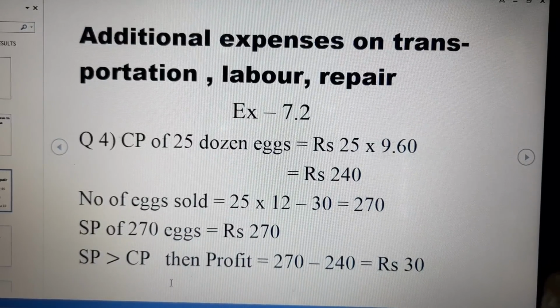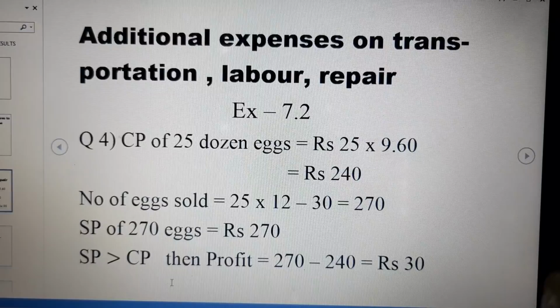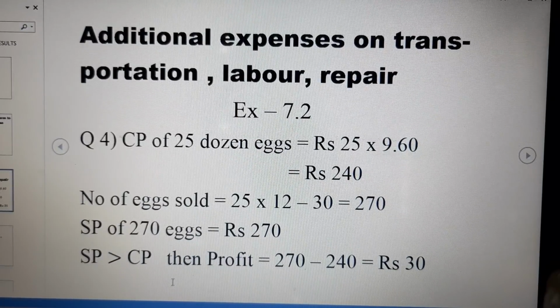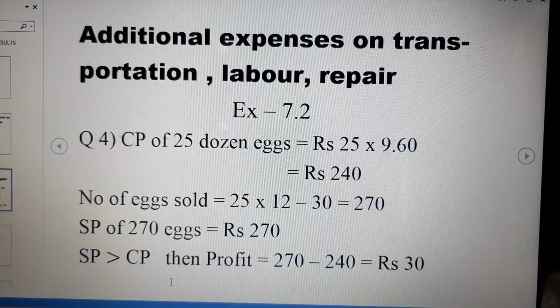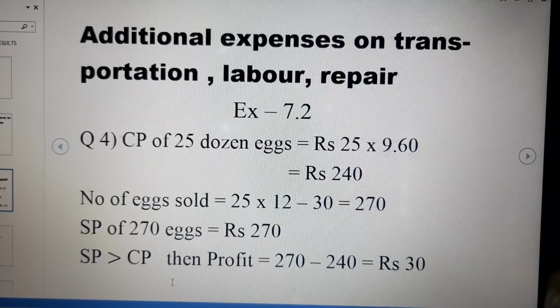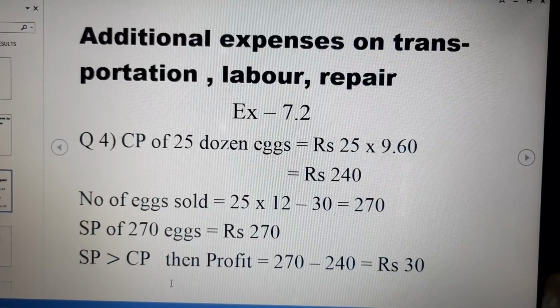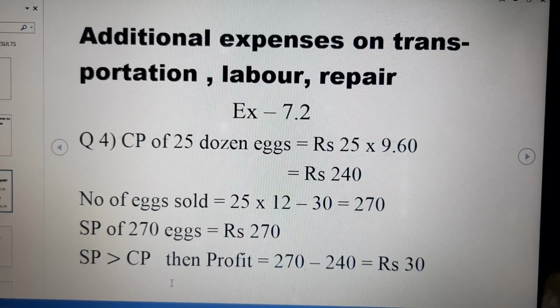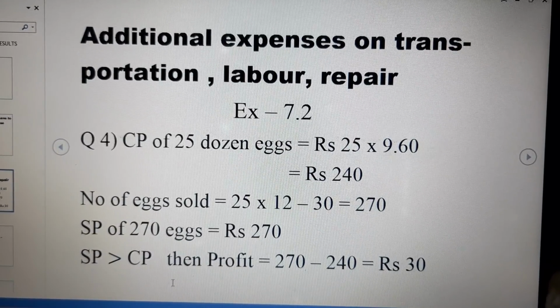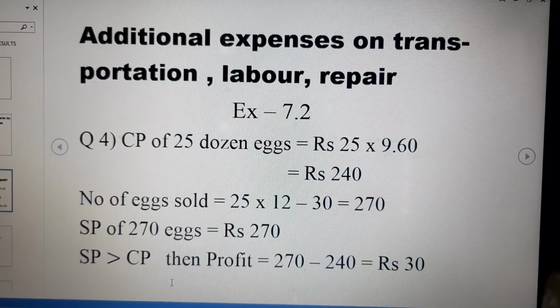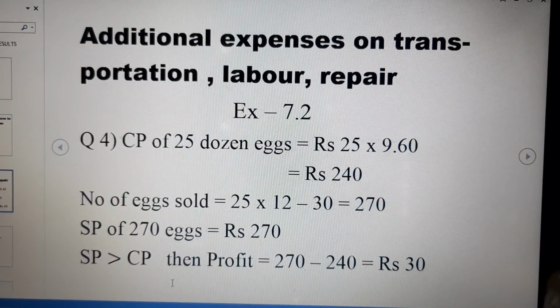Now when we remove those 30 eggs, because we have to throw them, we cannot sell them after all, whatever remaining eggs were there were sold at rupee 1 each. Okay. Now in this condition, we have to find out the profit and profit percent.